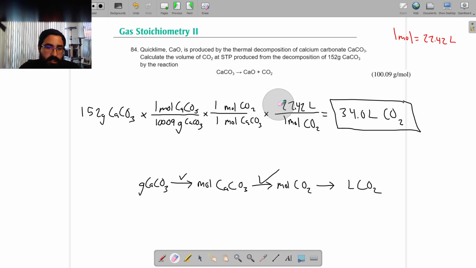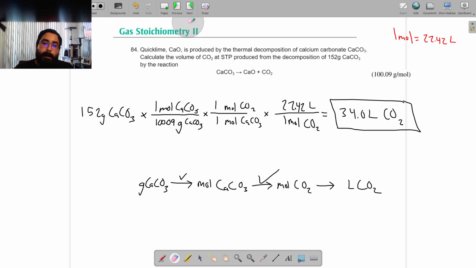If you wanted to turn that into grams, you could, except you wouldn't use liters in this step. That would just be like your regular old stoichiometry. So this is a very, very important concept. You can now tie in your masses with volumes of gases. It's a very important thing to understand, and it's a very important thing to practice.